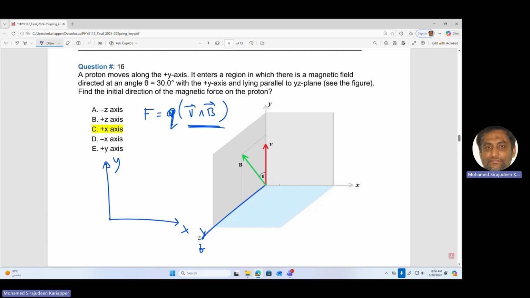Okay, so how do you apply the right hand rule? Now, can you do it? Put your four fingers, without the thumb, in the direction of the velocity. This is the velocity. This is the magnetic field. So you have to choose the velocity first and put your fingers in that direction, so that you are curling your fingers in this plane. If you keep it like that, you are curling the finger not in that plane, right?